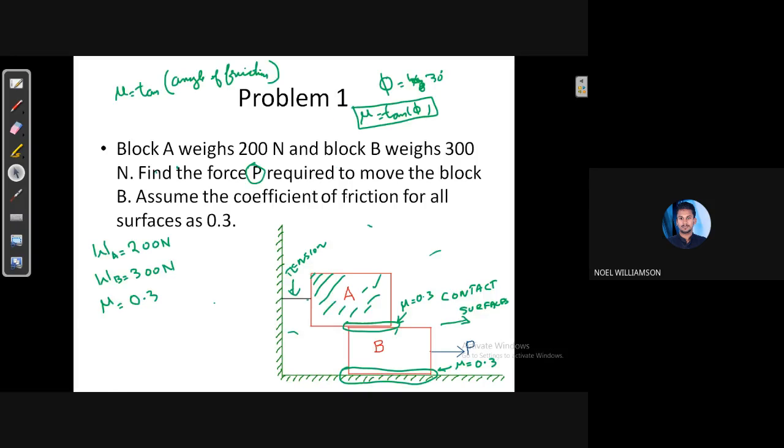Next, whenever there is a surface, there will be a normal reaction. The normal reaction is created by the body B on A. When A is giving a force to B, then B will create a reaction force to A. Since we are having two surfaces, we will denote the reaction for the first contact surface as 1, and this surface as 2.